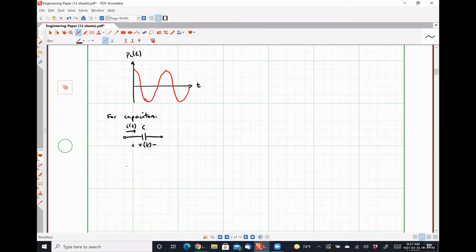We know that phasor current I is equal to j omega C times phasor voltage V, which tells us that theta I is equal to theta V plus 90 degrees. We can also see that Vm is going to be Im over omega C, and Im is going to be equal to omega C times Vm.